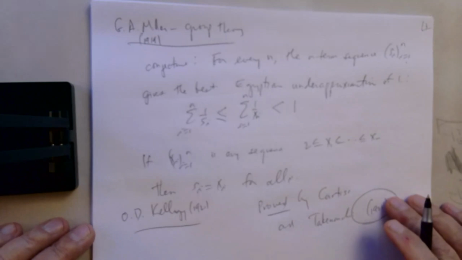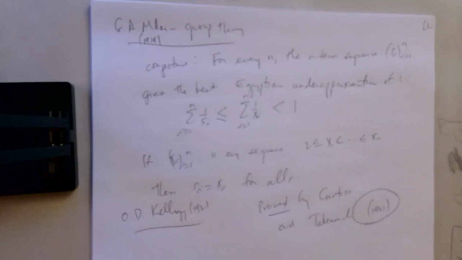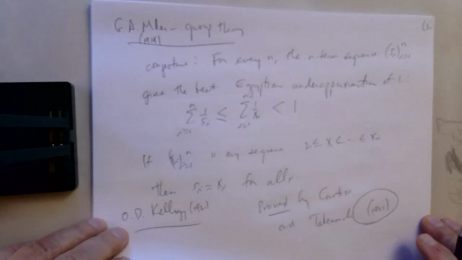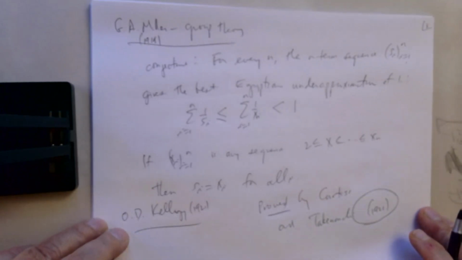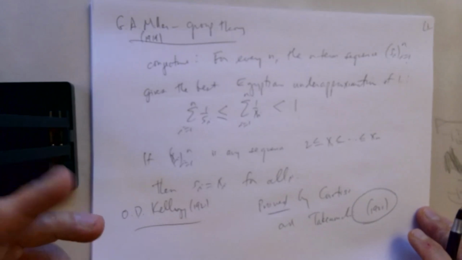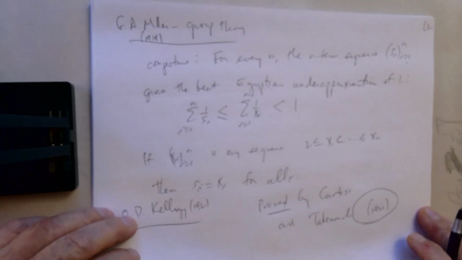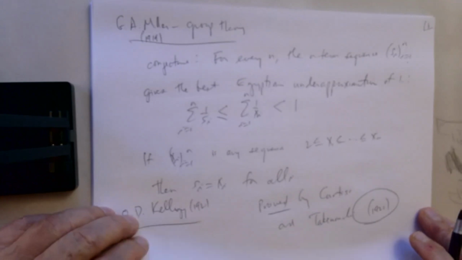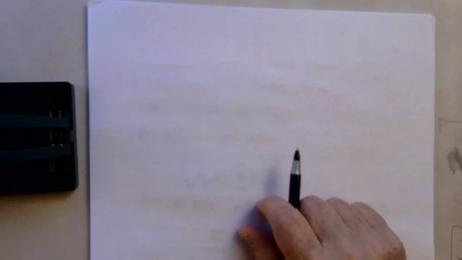So it would be natural to wonder whether this is always the case, whether for every number theta, if you apply the greedy algorithm, you get a finite sequence which is the best and maybe the unique best under approximation to your number. And that turns out not to be the case. And there are a couple of simple examples of that.